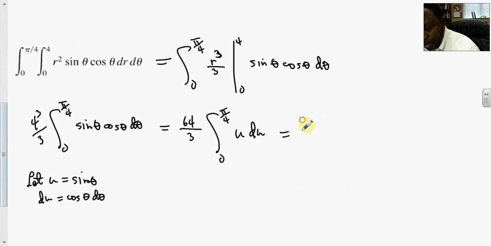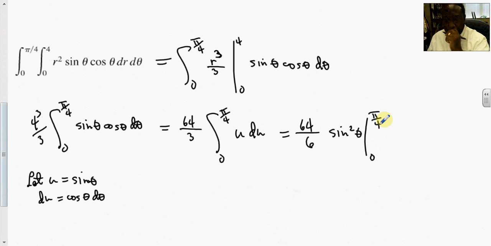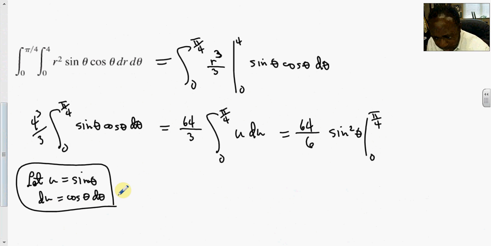So now we get 64 over, this is u squared divided by 2, so 3 times 2 is 6. And this is u squared, but u was the sine, so we have sine squared theta, and theta is evaluated from 0 to pi over 4. And so we simplify here. Let's put that in the box.